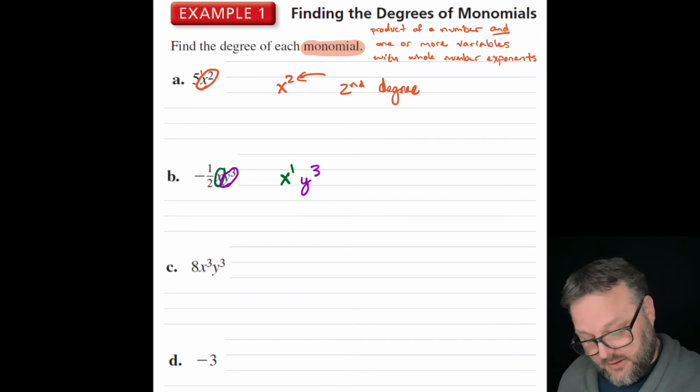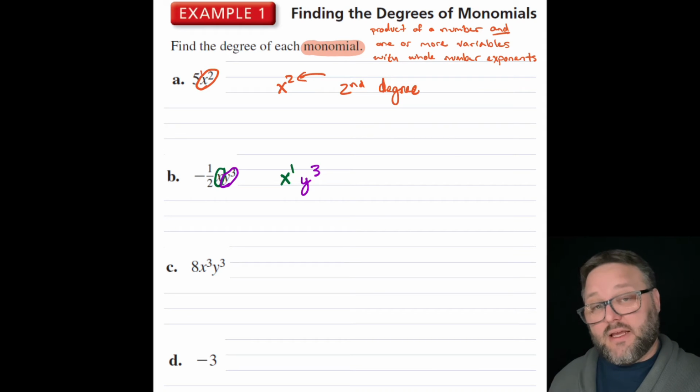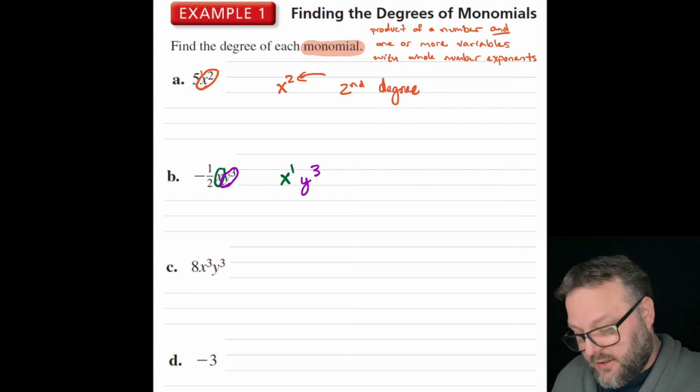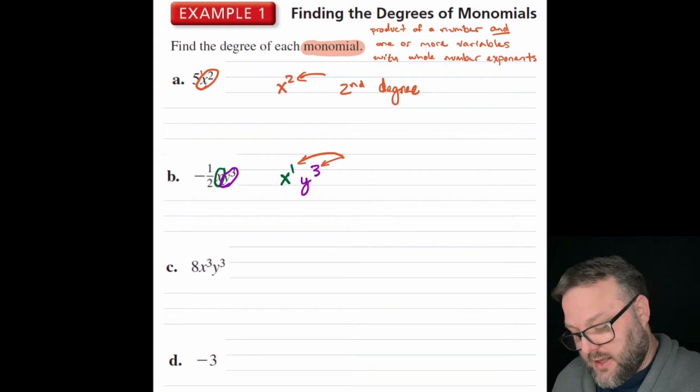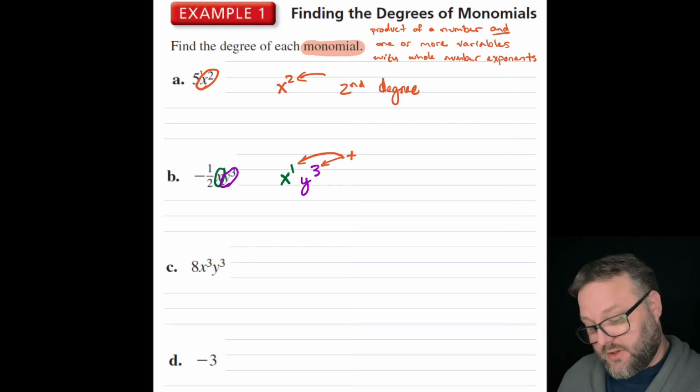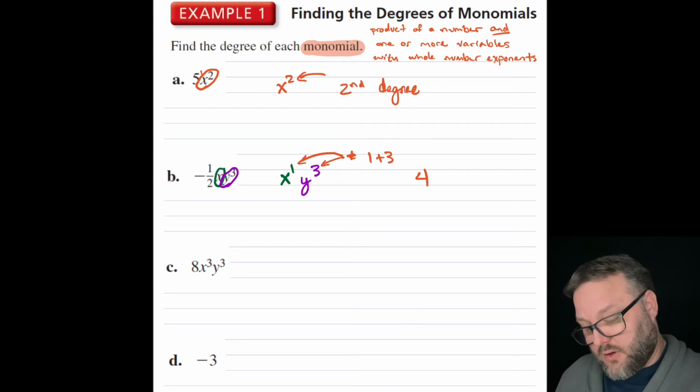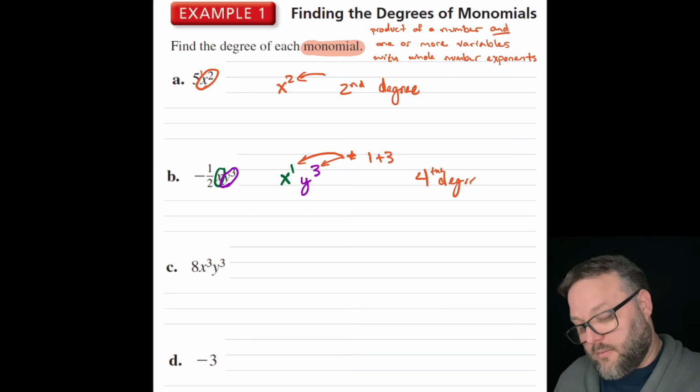So to answer what degree this monomial is, I need to look at the 1 and the 3 and add those two together. So this is going to be 1 plus 3, which is 4th degree. This is a 4th degree monomial.